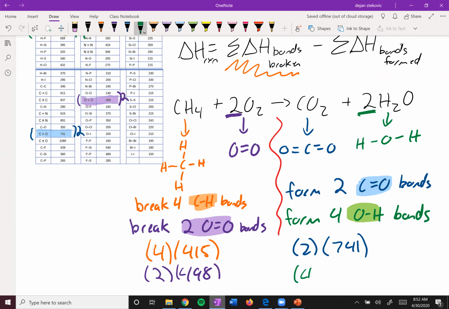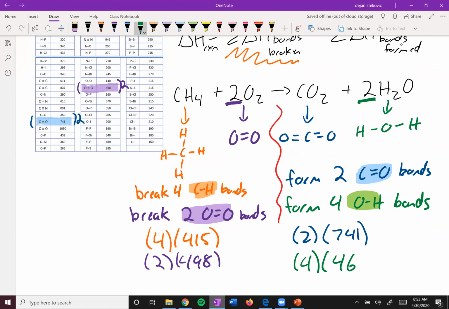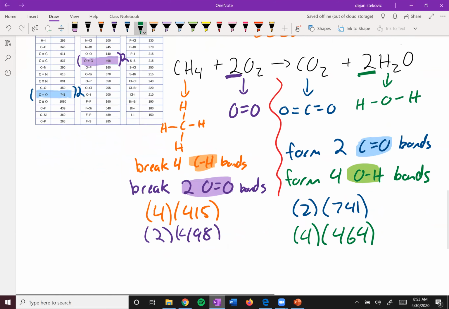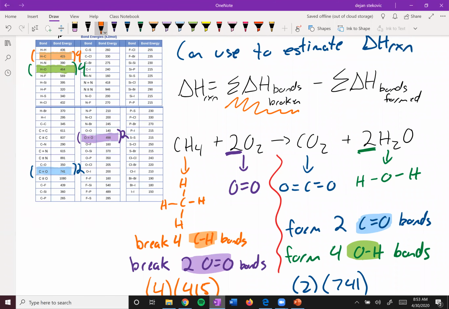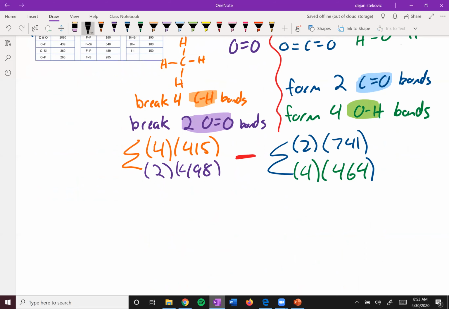And then 4 times 464. Cool. And so the other thing you have to realize, it is bonds broken minus bonds formed. So we're going to sum this side, we're going to sum this side, and then we're going to subtract one another, subtract these 2 values. And then this is going to be equal to our delta H of reaction.